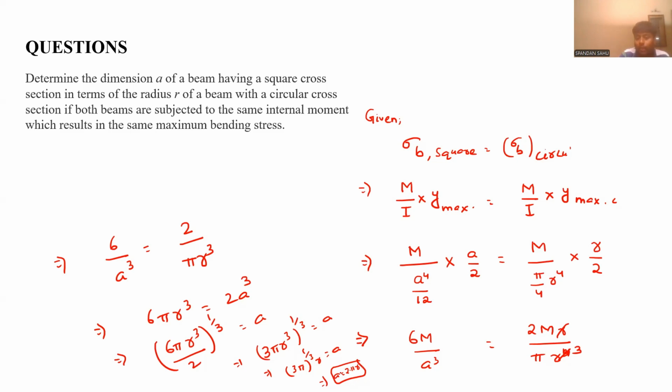Please note, I have written it in small letters. a equal to 2.11 r. So let me make it big.